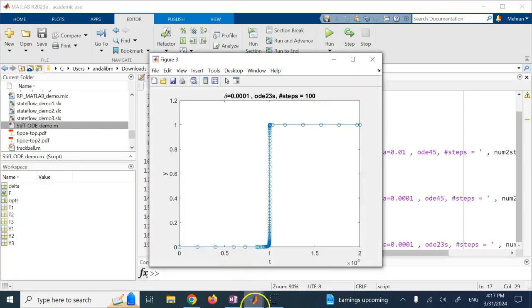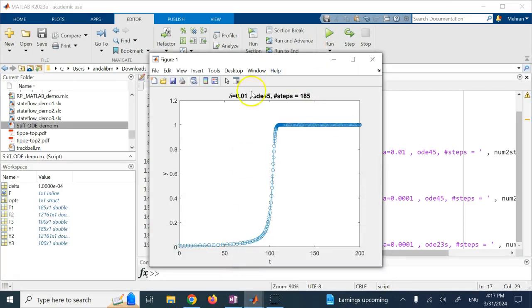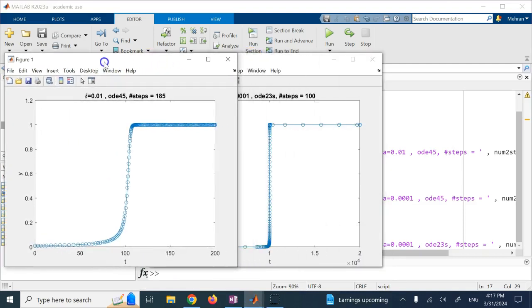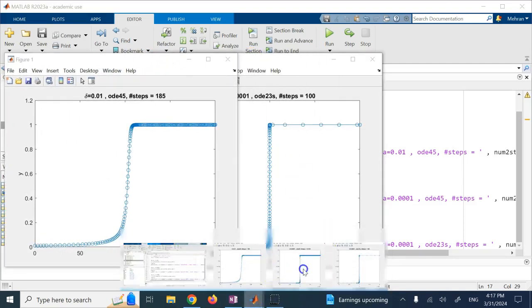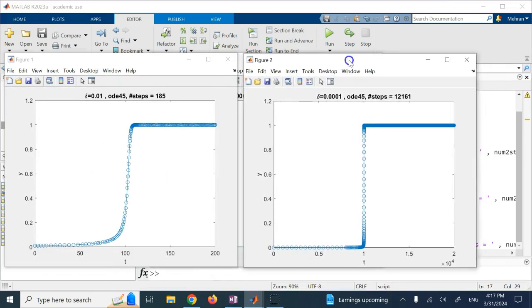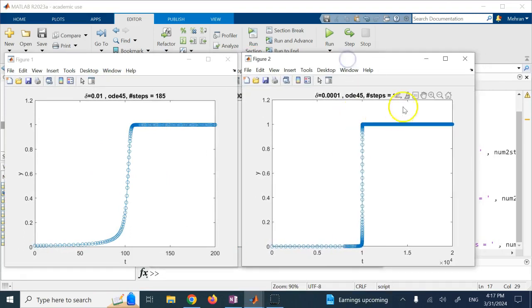So here we go. Look. This is with delta of 0.1, and this is with delta of 0.0001. And you can see that instead of 185 steps, now you're looking at 12,000 steps here.